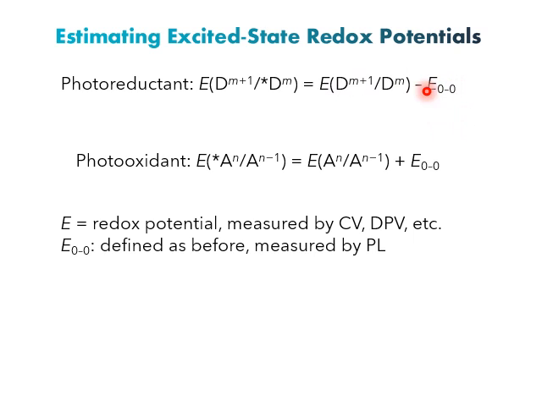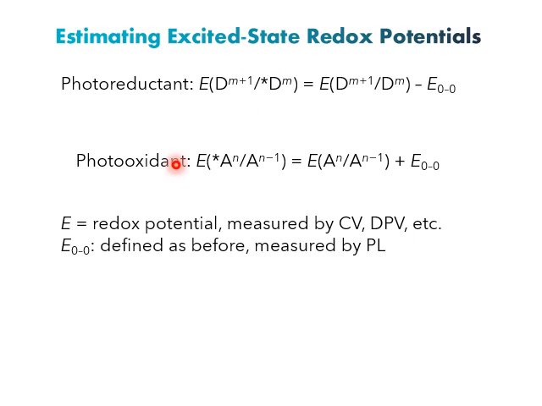So those two terms together, ground state potential and E00, give you an estimate of the excited state reduction potential for a photoreductant, and the significance of this value is that the more negative it is, the stronger the photoreductant you have. And in order for oxidative quenching to occur, you would need this excited state potential to be more negative than the reduction potential of the acceptor that you're transferring the electron to.